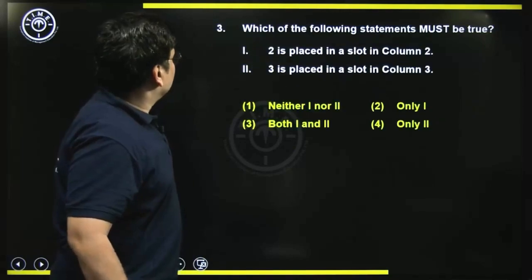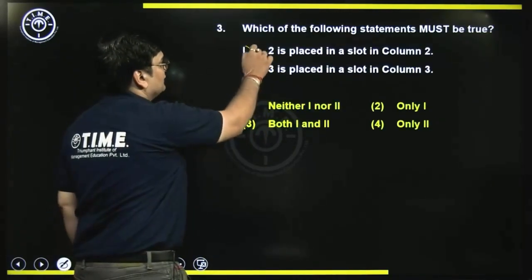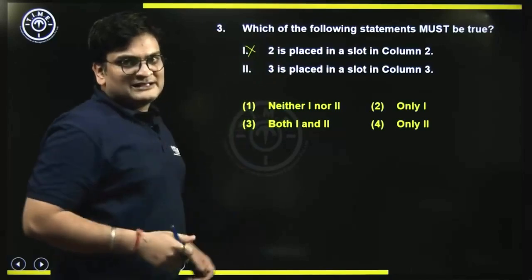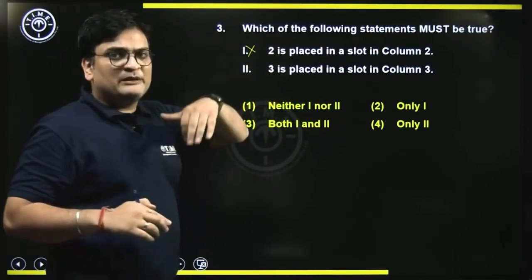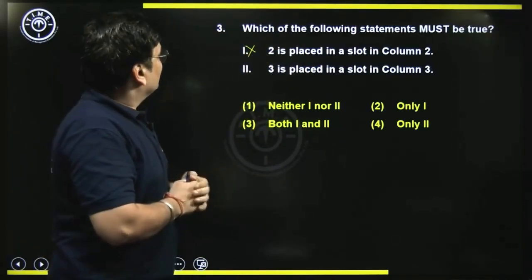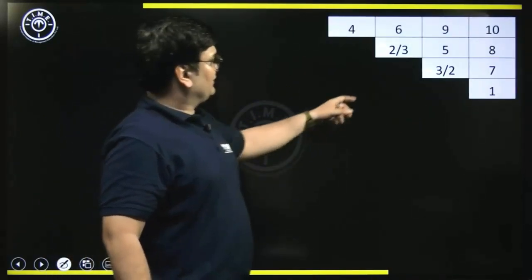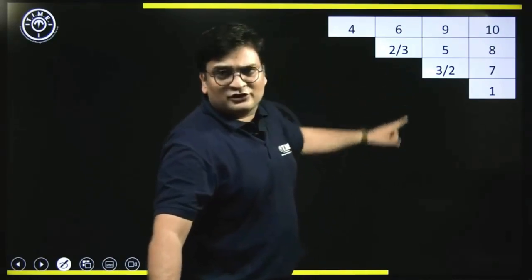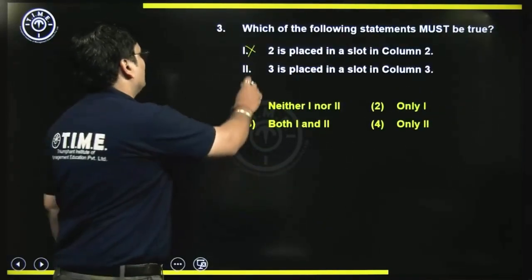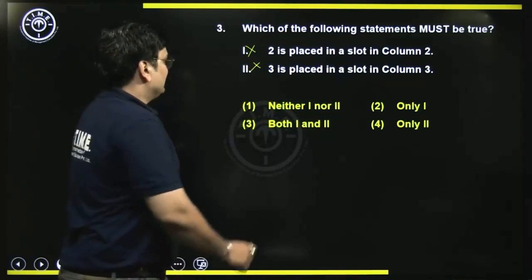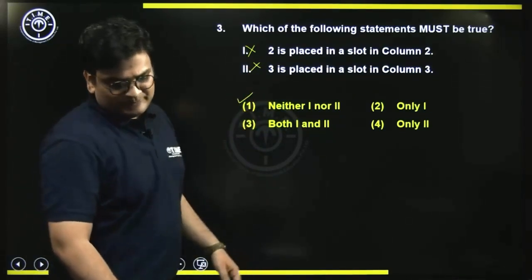So, that means this statement is not necessarily true, but it is asking us must be true. Had the question been which of the following statements may be true, then I would select it. 3 is placed in a slot in column 3, again that is also not really sure. 3 could be in column 3 also, column 2 also, that is not always true. So, neither 1 nor 2 should be our answer.